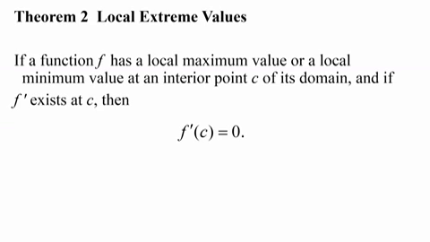Theorem 2, the local extreme values. If a function f has a local maximum value or a local minimum value at an interior point c of its domain, and if the derivative of f exists at c, then the derivative of f evaluated at c equals 0. We will call these numbers critical points. Let's define that clearly.